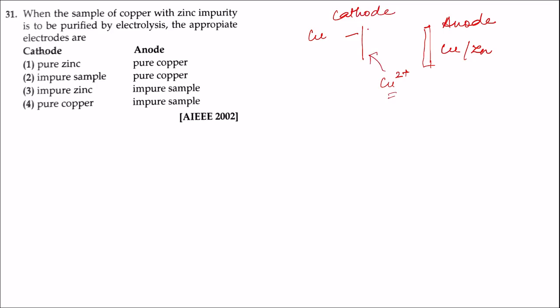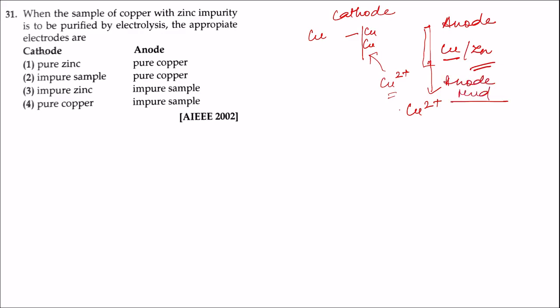It will accept electrons and it will be deposited on the cathode. On the other hand, copper from the anode will go into the solution as Cu2+ ions. So slowly, whatever copper is present at the anode will be deposited at the cathode, and the impurities will be left behind as anode mud.